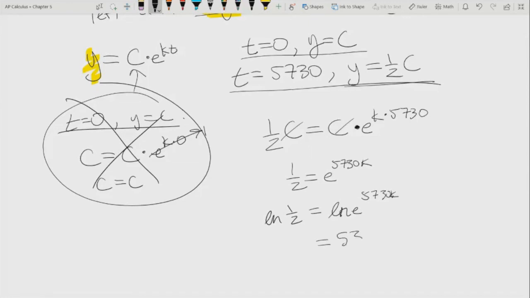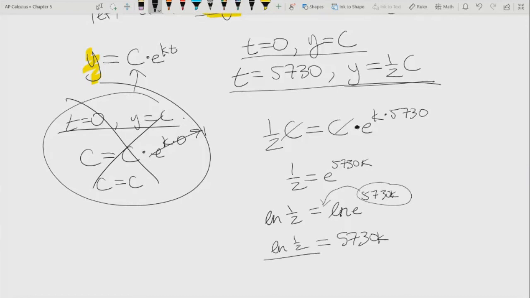Just 5,730k. That's that one property. Natural log of e just turns into 1. You bring this out front, and that's all you have left. So that's just equals the natural log of 1/2.